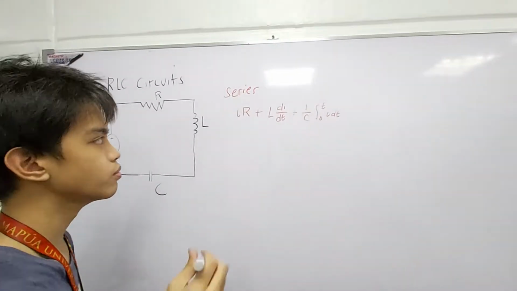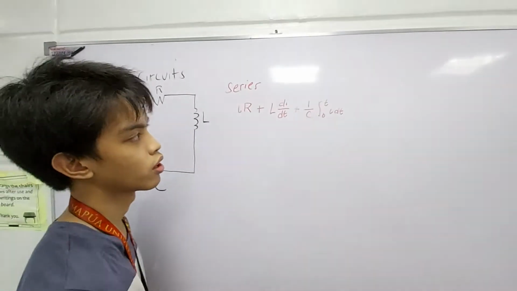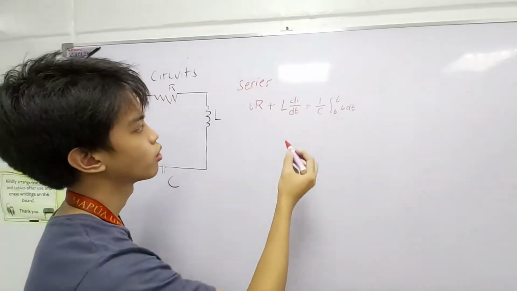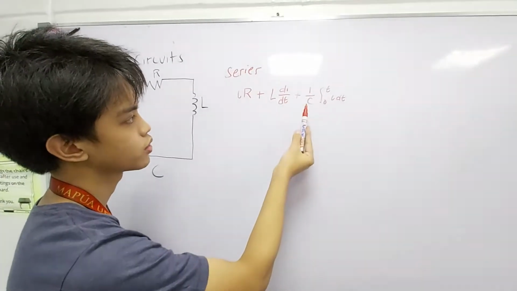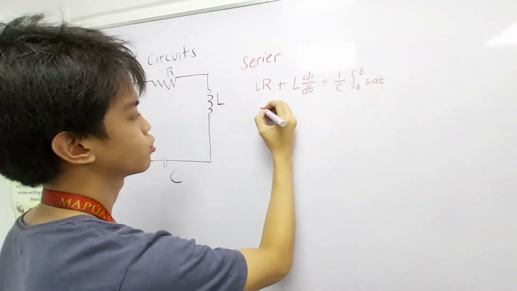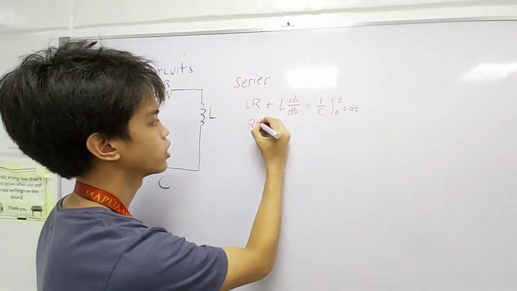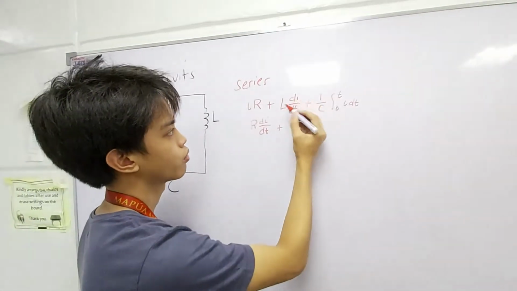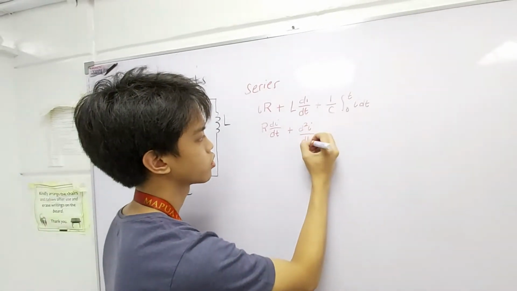circuits. So to better understand this form of the equation, we should differentiate each of these functions. So here, if we differentiate this with respect to the current, we get R di over dt, plus we differentiate this, which is equal to L d squared i over dt squared.